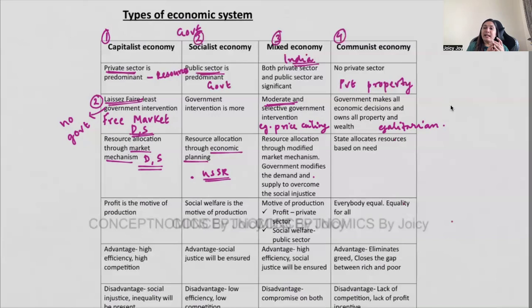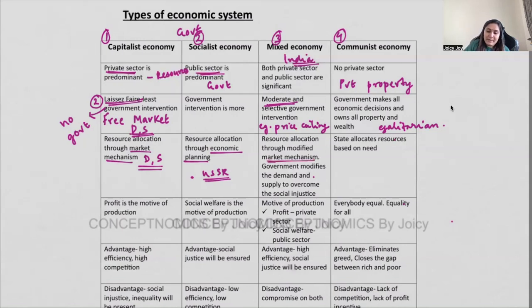Economic planning would be done by a centralized government body, which will make plans for the entire country. So through economic planning, a socialist economy allocates resources, whereas in a mixed economy, we follow a modified market mechanism. Now, what is meant by modified market mechanism?